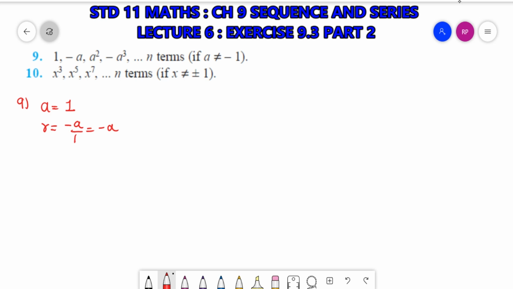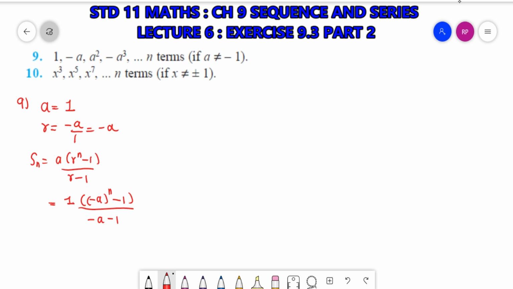Okay. So now Sn will be equal to a times r raised to n minus 1 upon r minus 1. And now see here it is given, sorry, a is not equal to 1. What is a? 1. r raised to n means minus a raised to n minus 1 upon minus a minus 1.